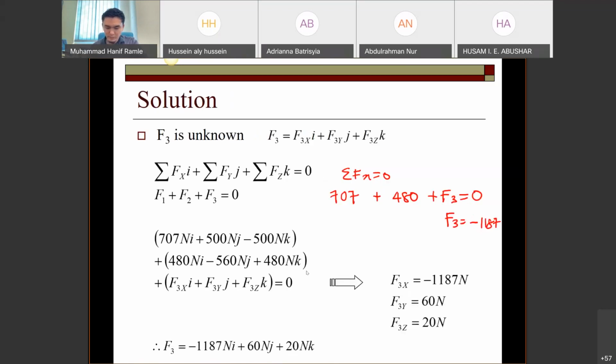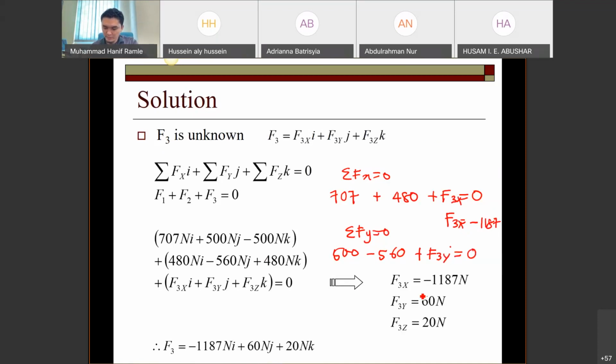So you can do it one by one like this. For the y component, 500 minus 560 plus F3y equal to 0. I forgot to put x here, F3x.